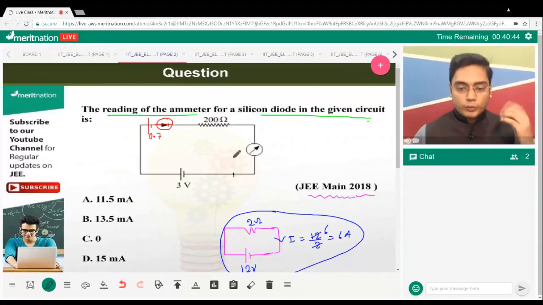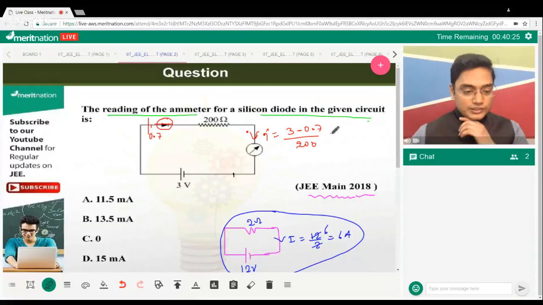Why are we obtaining the current? Because the question asks for the reading of the ammeter, which measures current. So I is equal to (3 minus 0.7) by 200, and on solving this you will get 11.5 milliampere.